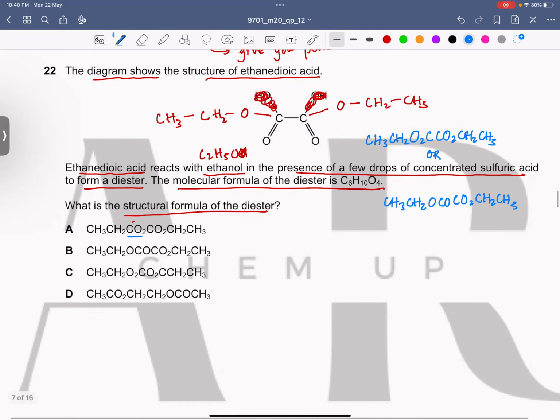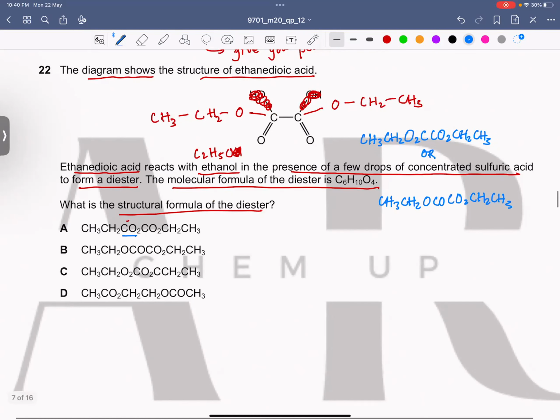So here the CO2 is written first, which means A is wrong.